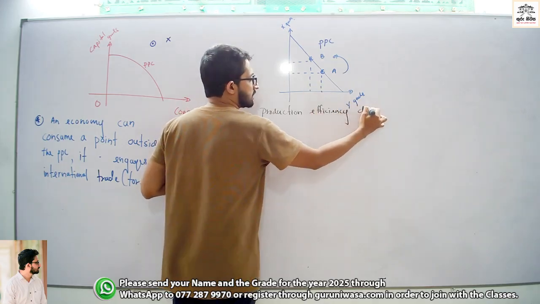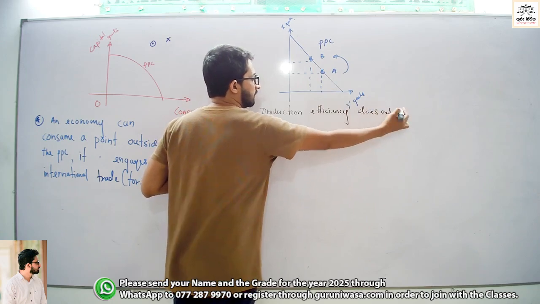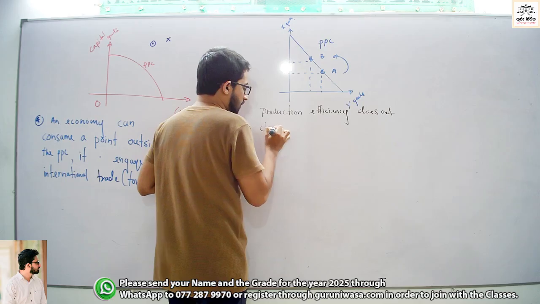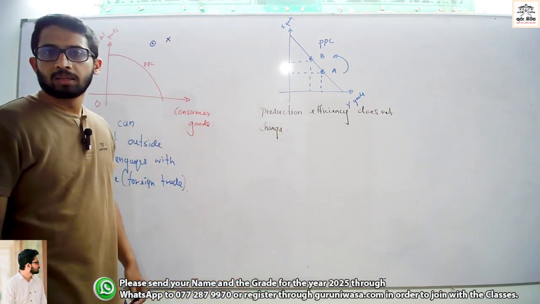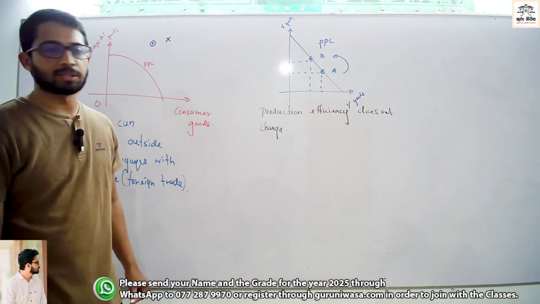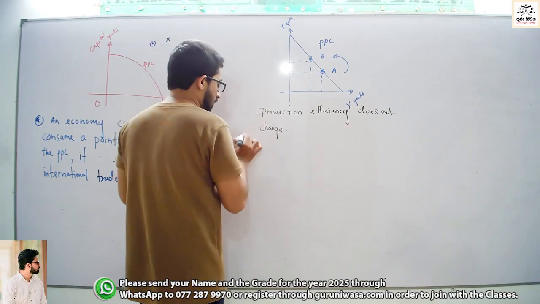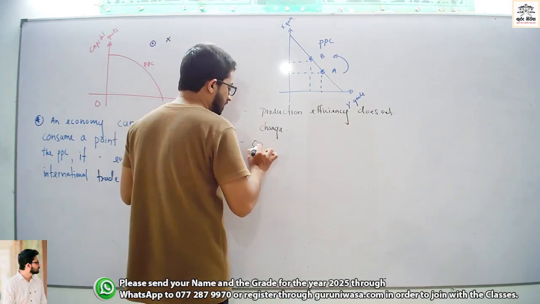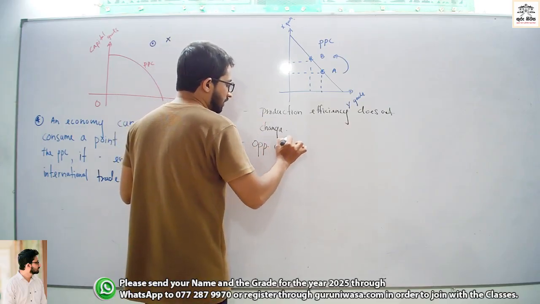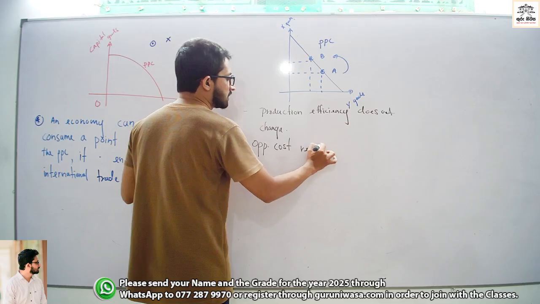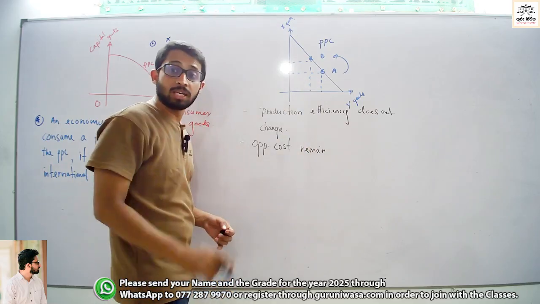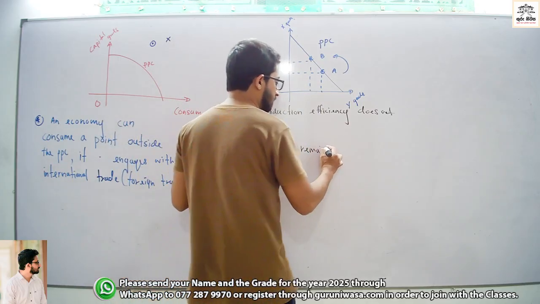At every point on the PPC curve there is production efficiency, and the opportunity cost does not change. Opportunity cost remains unchanged because this PPC curve shows constant opportunity cost.